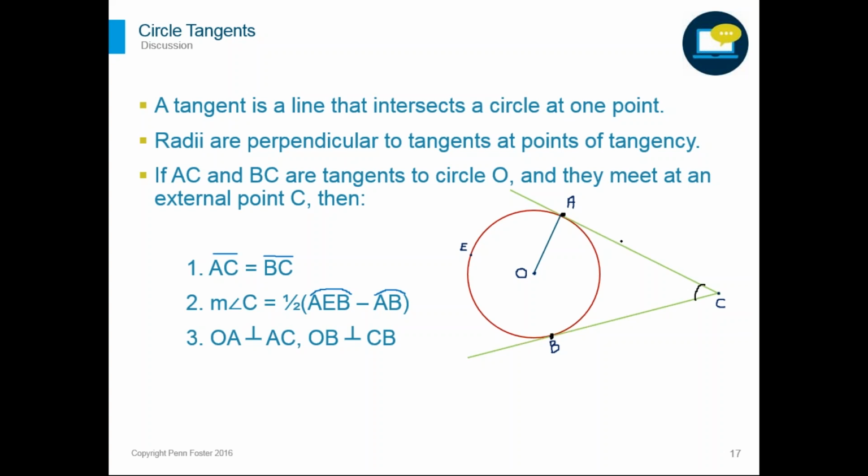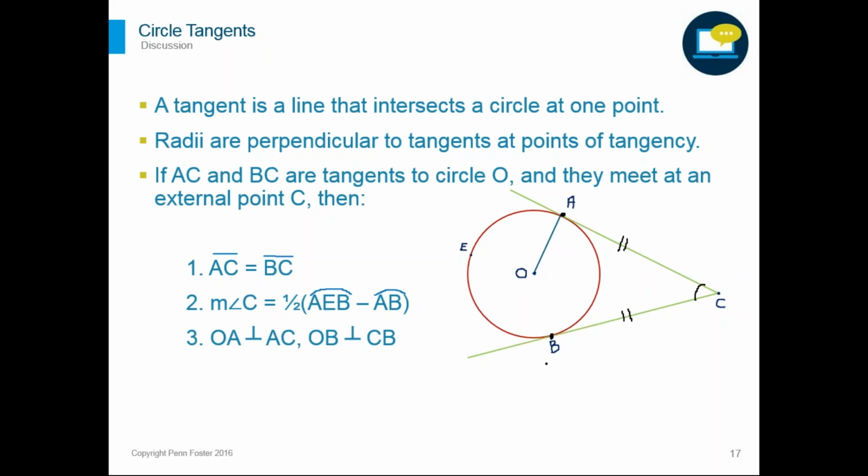One, AC and BC are equal in length. They become equal in length. So that's one. Two, the measure of the outside angle where the two tangents meet would be half of the difference of the minor and the major arc.